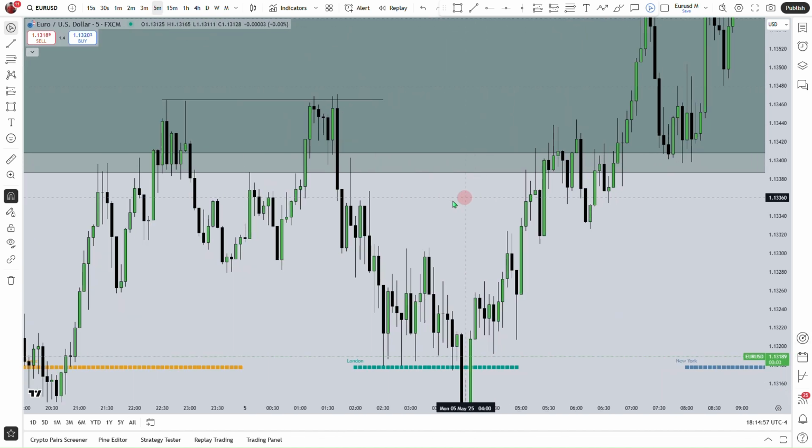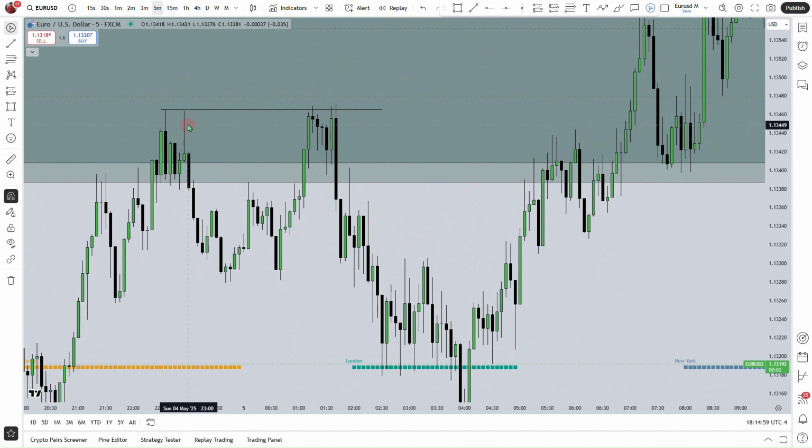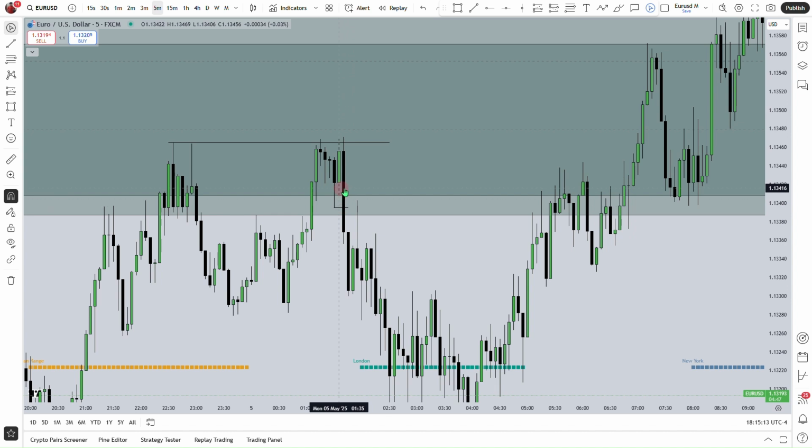On 5-minute, the price took this high of Asian range and this was the change of character. This swing low was taken by this candle and it formed a fair value gap which was tapped here.